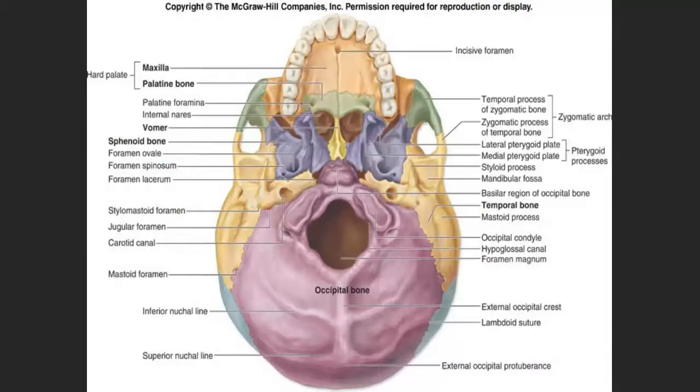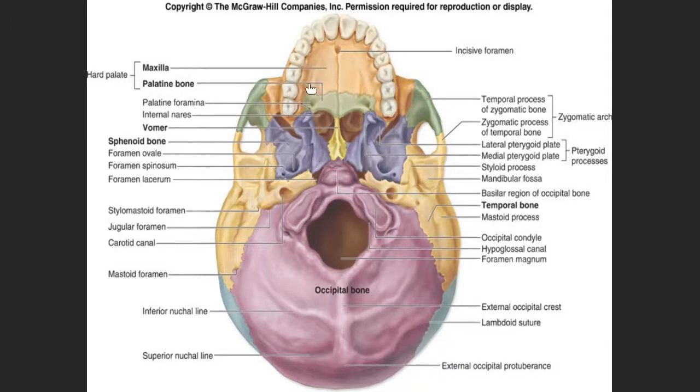Here you can see the incisive foramen and then palatine foramen. These are the palatine foramen, and then internal areas. What you are seeing is the pterygopalatine process. This is the area where the pterygopalatine fossa is present.